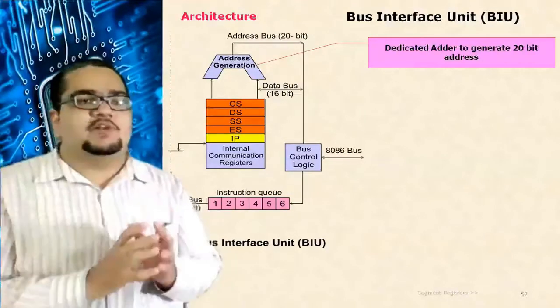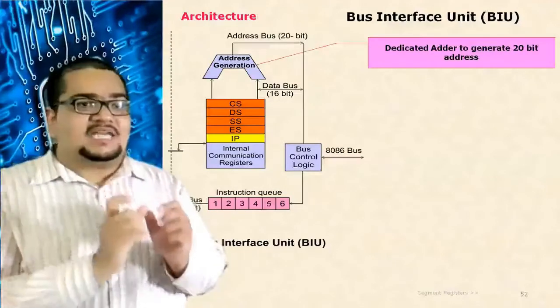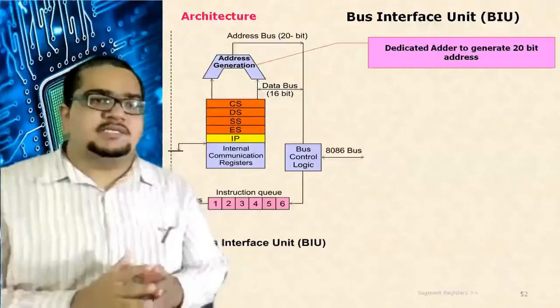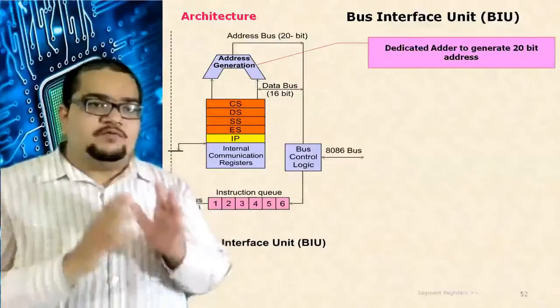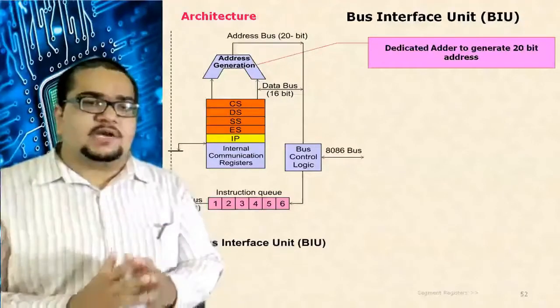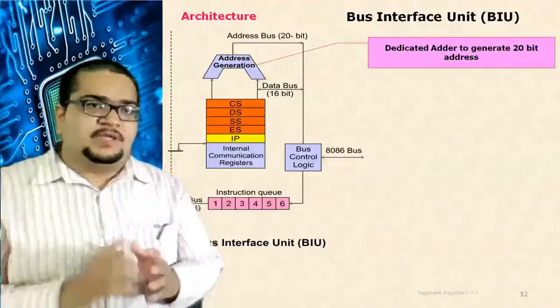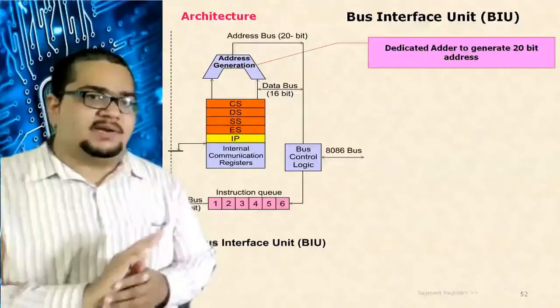The segment address is actually the top 16 bits of the segment starting point. In hexadecimal, the physical address is a 5-digit hexadecimal number, whereas the 8086 can hold only 4-digit hexadecimal numbers in any of its registers. So the top 4 digits of the segment starting address will be in the segment register.